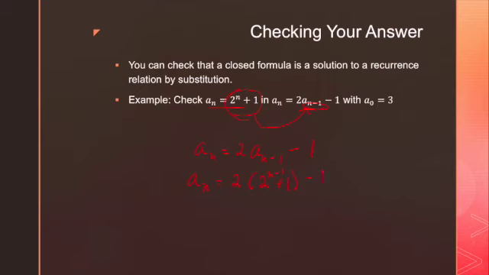That gives me a sub n, which is 2 times 2 to the n minus 1 plus 2 minus 1. Now here, I know I have 2 to the first. And when we're multiplying exponents together, we add those exponents. So this is really 2 to the n minus 1 plus 1, which gives me 2 to the n. I combine like terms, plus 1. So we can see that this is indeed the solution for our recurrence relation.